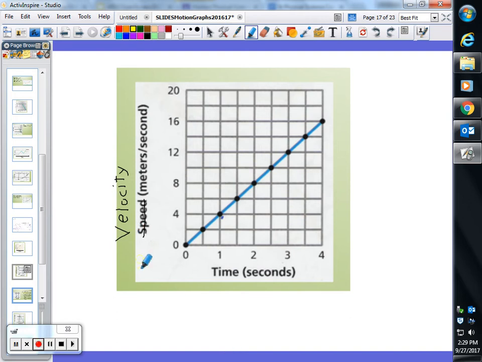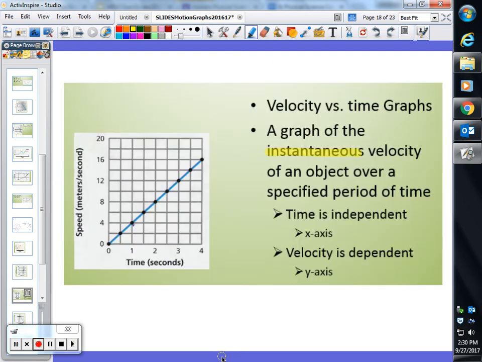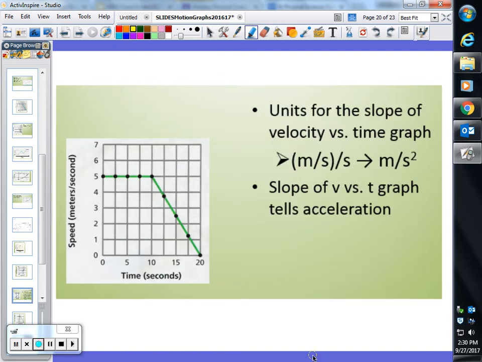So the change in velocity is the rise, and the change in time is the run. So we can tell the acceleration by figuring what about this graph? The slope, right? On this graph, time is the x-axis, velocity is the y-axis, and if we calculate the slope, that will give us the acceleration of that object. All right?